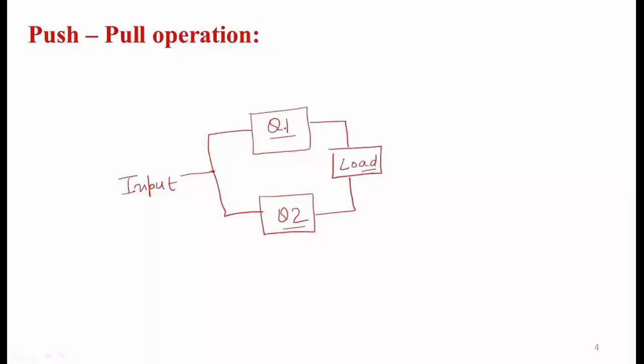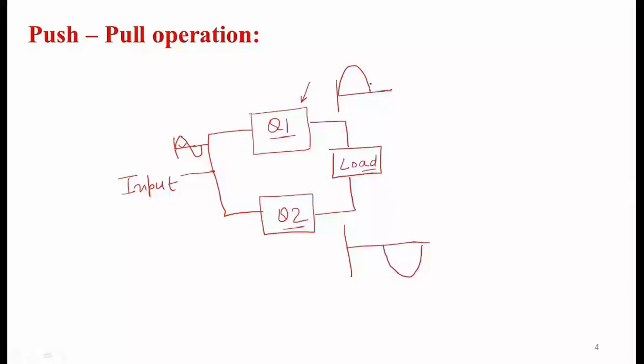Since Q1 is acting in the Class B mode, it provides the output in one cycle only. Here we have the input which consists of 2 cycles, positive half cycle and negative half cycle, and Q1 is conducting in the positive half cycle and provides the output. And the transistor Q2 is also acting in the Class B mode and is biased in such a way that it provides the negative cycle at the output.